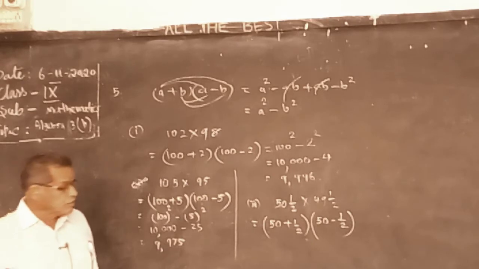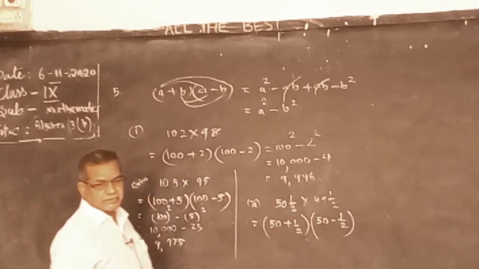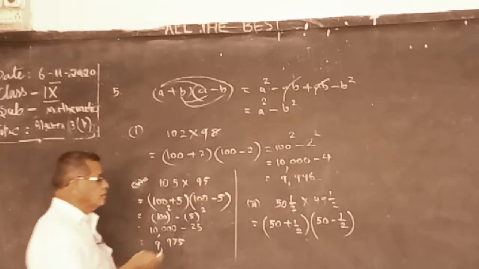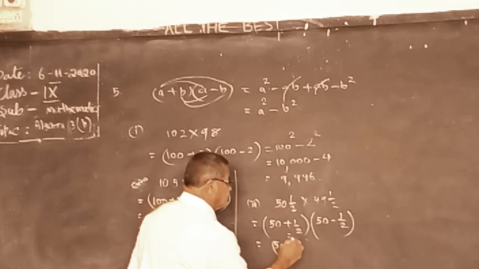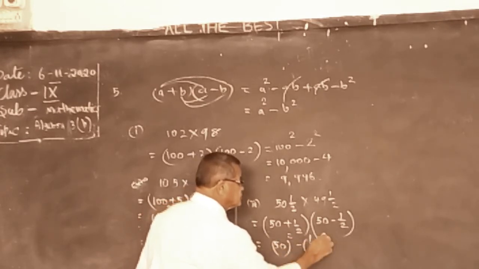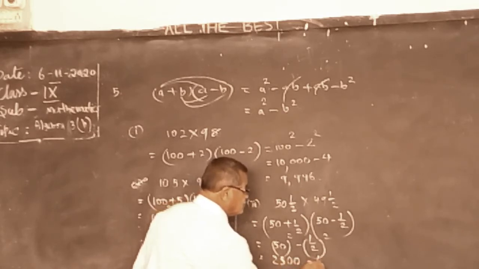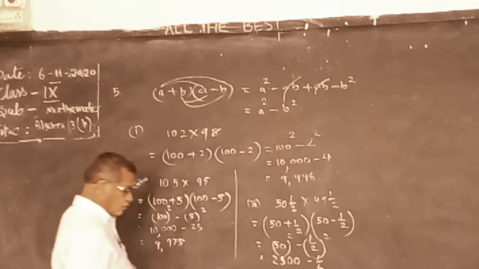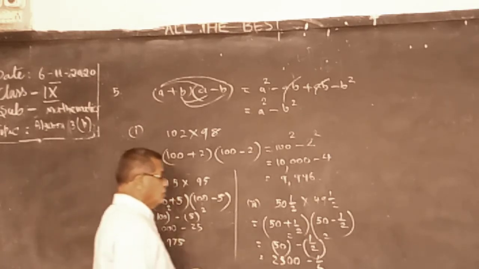Now according to the formula, 50 squared minus half squared. 50 squared is 2500, minus 1 by 2 squared, 1 by 4. From 2500 we have to subtract 1 by 4.